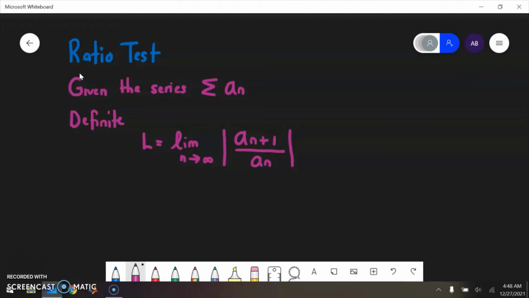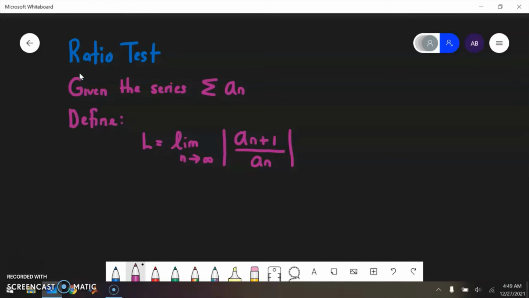We have to remember this definition; it is very important. I want to write "define" here, not "definition", but I'm still going to write definition, my bad. Okay, define.